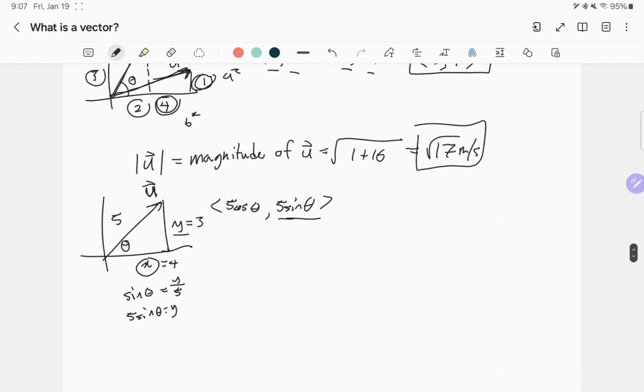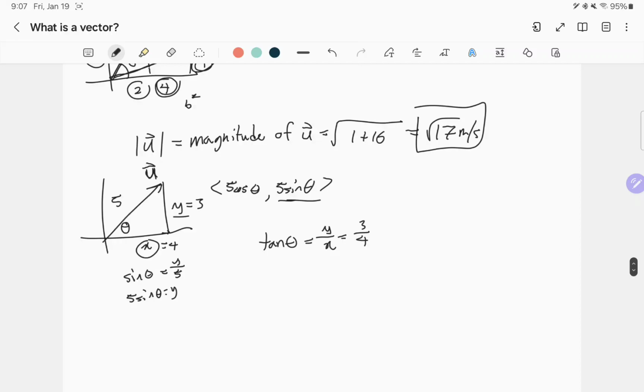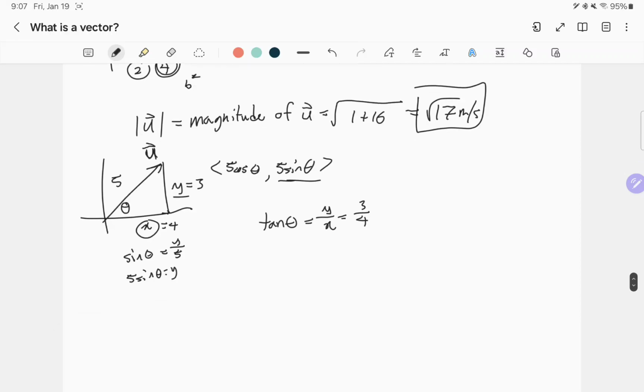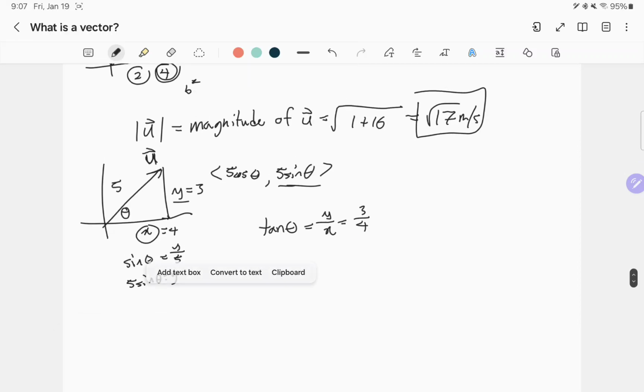So we just use our simple trig inverse function, arctan. So if we know that tangent of theta is equal to y over x, right, as given by sine theta over cosine theta, or the opposite over adjacent, we can get that this is equal to 3 over 4. And if we want to find out theta, we just have to use our inverse trig function, which works really well here.